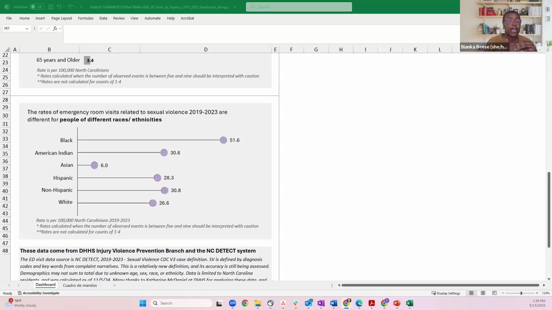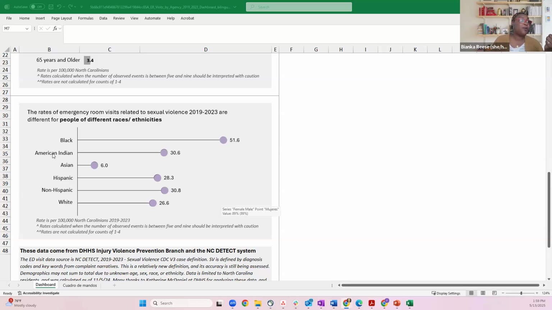Like Deanna mentioned in the chat, it would be interesting to compare the race data for showing up at the ER to census data for service area. That would be great. And that's why we're using the rates here, because it will give you that comparison regardless of what the size of the population is. But keeping that in mind is very concerning, right?